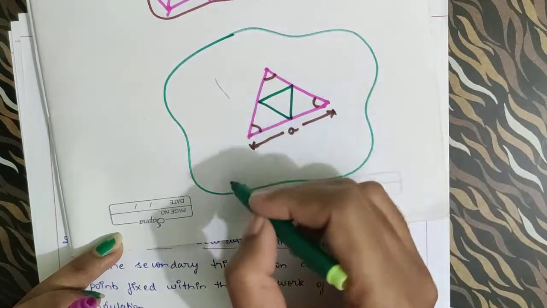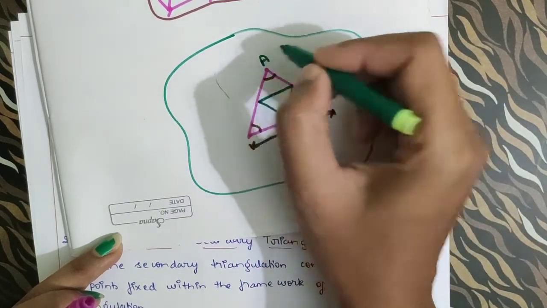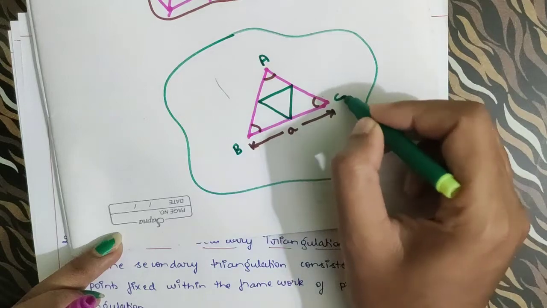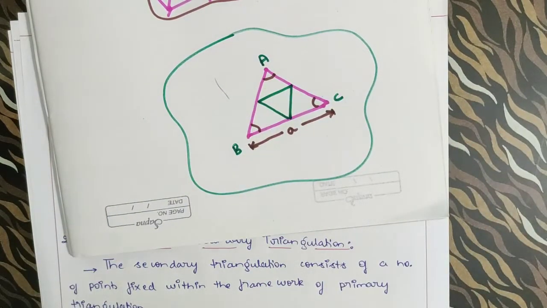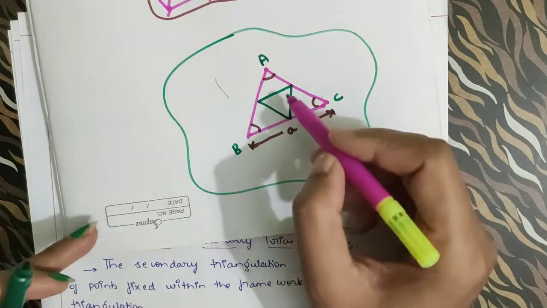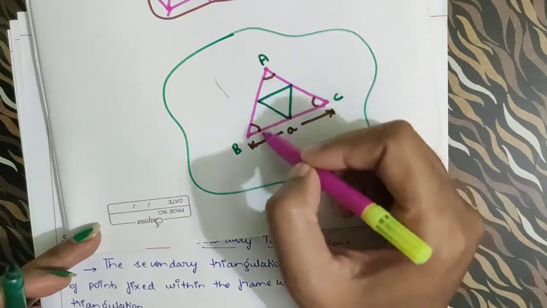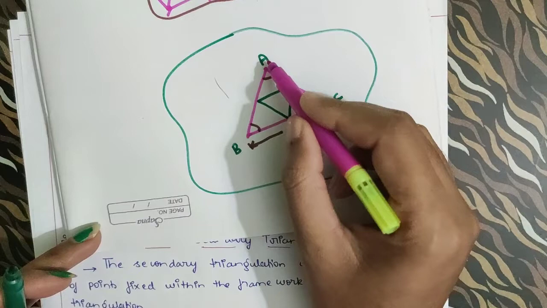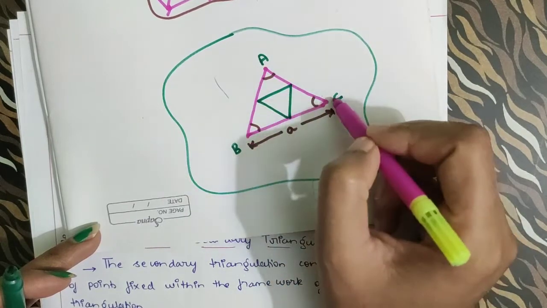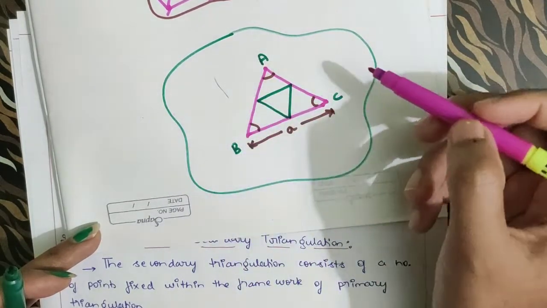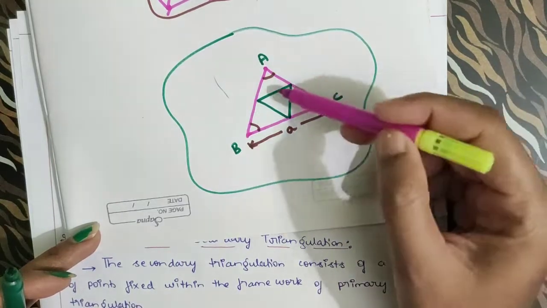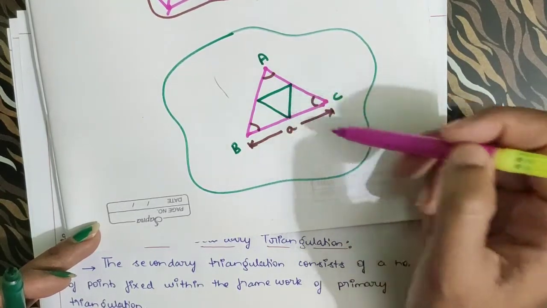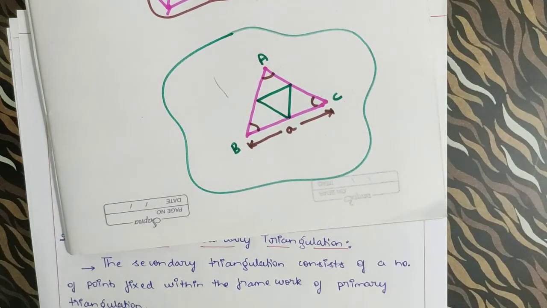In first order triangulation you have triangle ABC, that is you have only one triangle. Then in secondary triangulation you have three small triangles in it. This is your primary triangle, that is ABC. This primary triangle has other four secondary triangles. This is how it comprises.